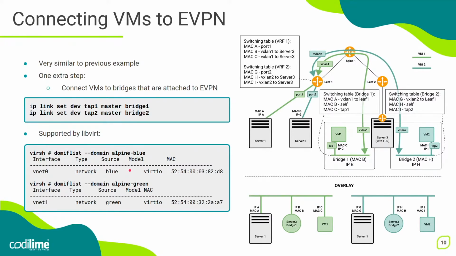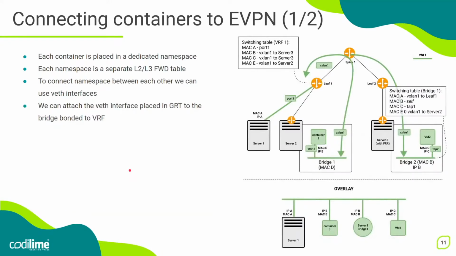So these are the virtual machines. Now let's move to the containers. Docker containers or Alpine containers are a little bit more complicated. The container is using the host kernel for the network part, so we have to provide a separation there. We have to have a separate space for the interfaces, for the routing table, and for the layer 2 tables.